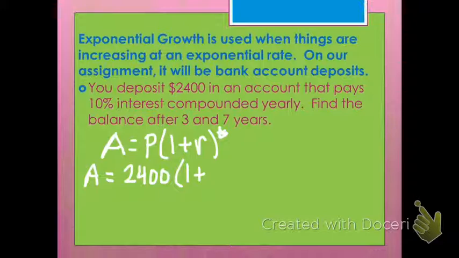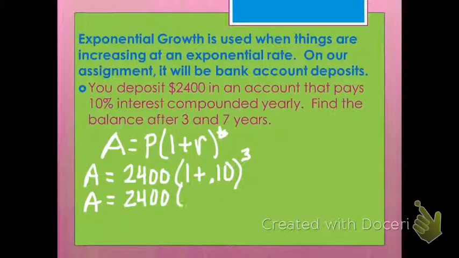Calculators don't necessarily like percent, so we tend to put them into decimal form. And then the T is going to be either the 3 or the 7, so let's start with the 3. After, you can go to the 7 and just put it in and still do the same calculations, but instead of the 3, use the 7. So I have $2,400, and I'm going to add 1 plus 0.10 gives me 1.10, and I'm going to raise it to the third power.